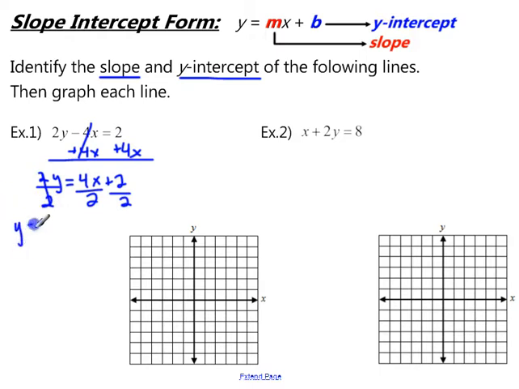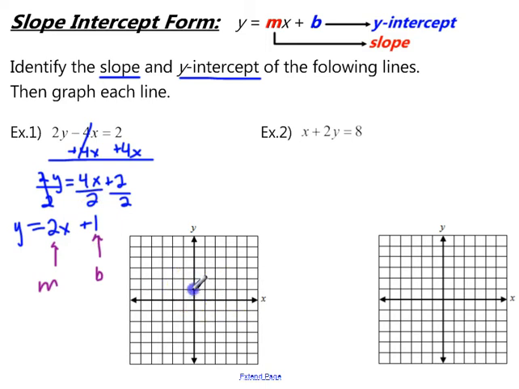So we divide by 2, and then we have y is equal to 2x plus 1. So again, we're going to have a slope of 2 and then a y-intercept of positive 1. So that's the information we need to look for, and then now we can graph our line.